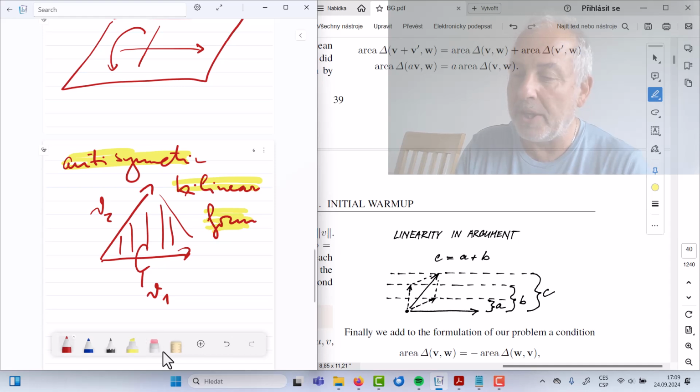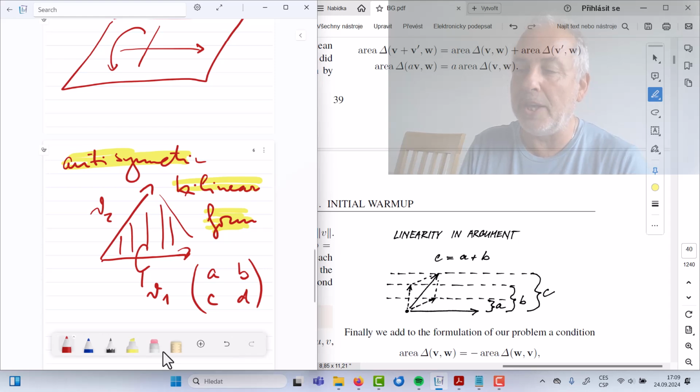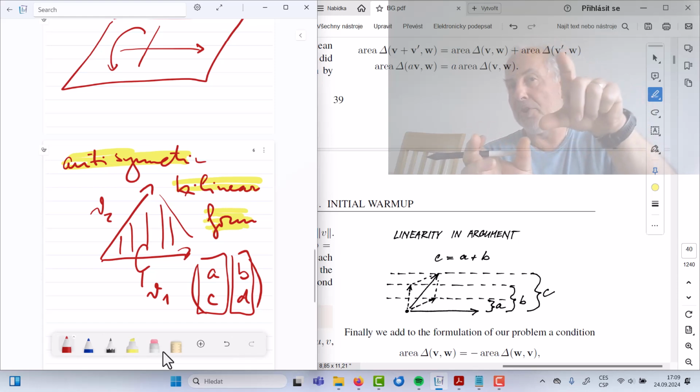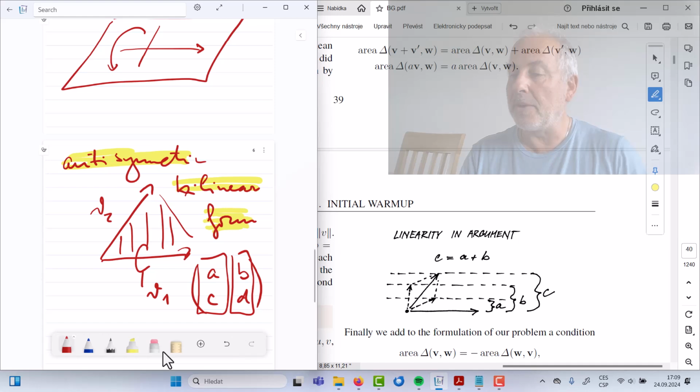If I write a matrix A, B, C, D, then the determinant was A times D minus B times C. And if I think that this is the first vector and this is the second vector defining my triangle, then for the unit square definition there would be a unit matrix, right? It would be 1, 0 and 0, 1. And we know that the area of the unit square should be 1, and so the determinant is the tool computing the area.